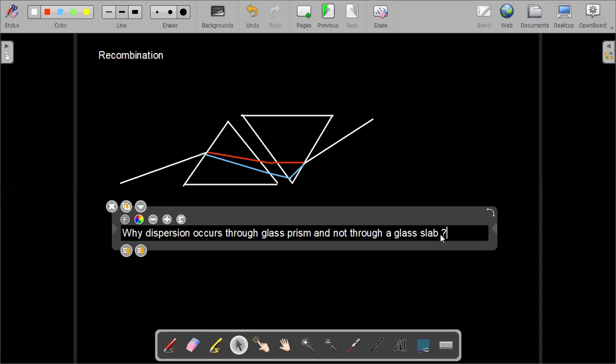Which color has the maximum bending? Violet. Yes, violet has the maximum bending. And which color has the minimum? Red.